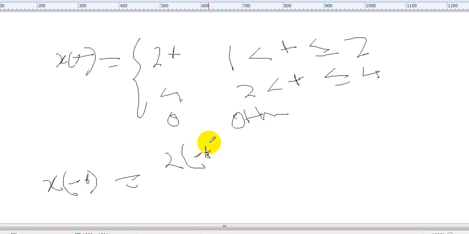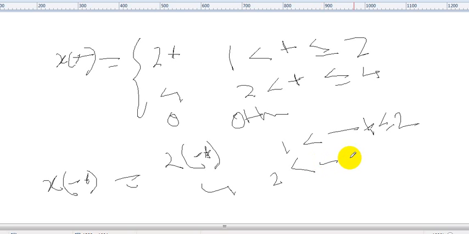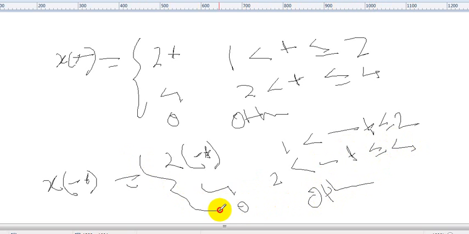So 1 less than minus t less than or equal to 2, 4 for 2 less than minus t less than or equal to 4, and 0 otherwise. This is how we can evaluate x of minus t.